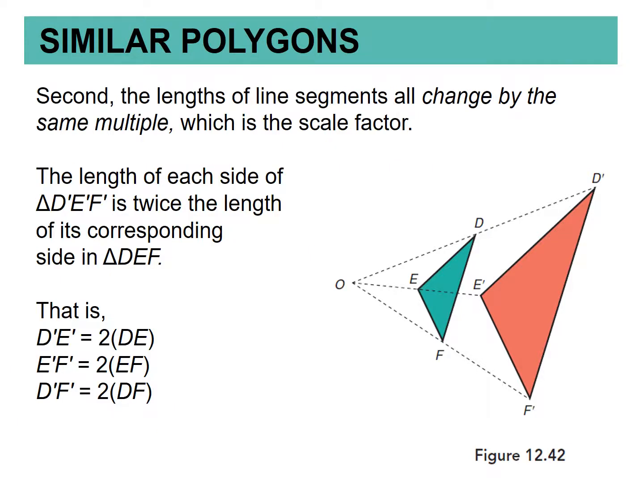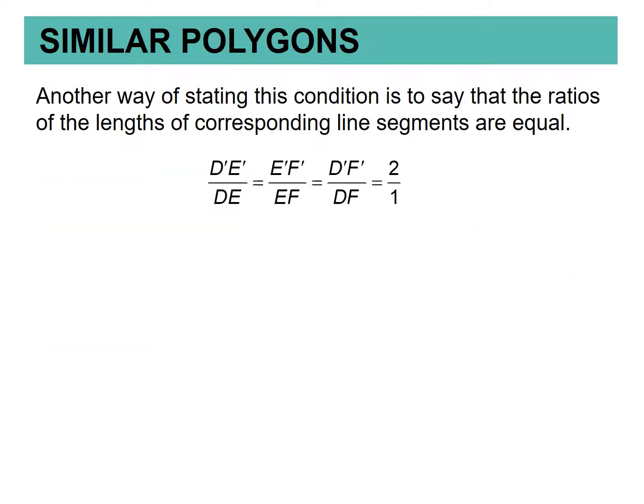The lengths of the line segments all change by the same multiple, which is what I mentioned before. In the image, D prime E prime is twice what DE is, because the scale factor is 2. So what we can say is that the ratios between corresponding side lengths are all equal to each other. In this case, they're all equal to 2.